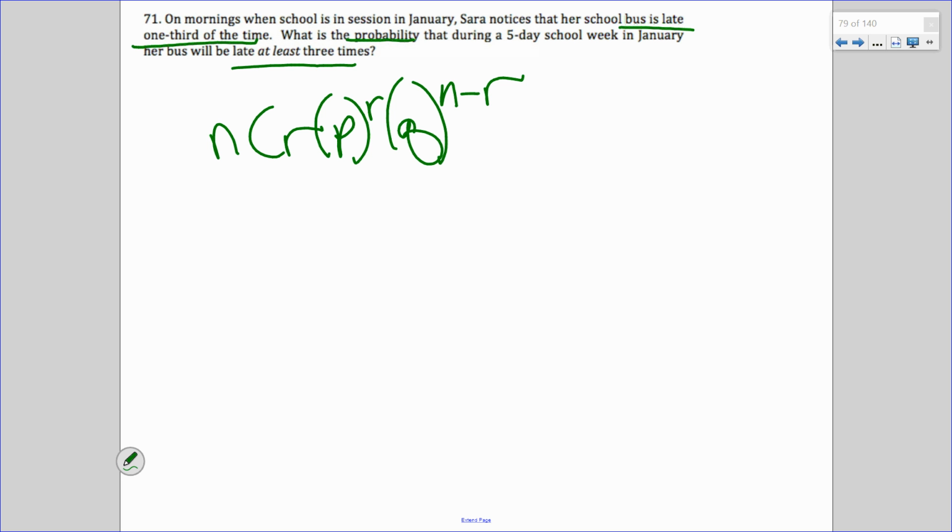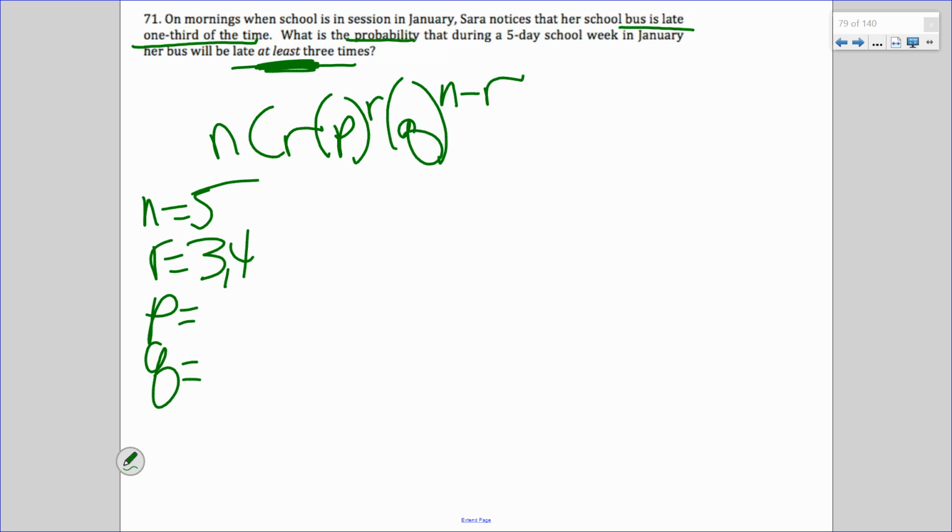And of course, I have a song for this formula. I'm going to write down my n, my r, my p, my q. The n, how many days are there? 5. Out of those 5, I want at least 3. At least 3 means 3 is the least it can be, and I count up until I get to n. The opposite of at least is at most. If it was at most, it would be 3, 2, 1, 0.